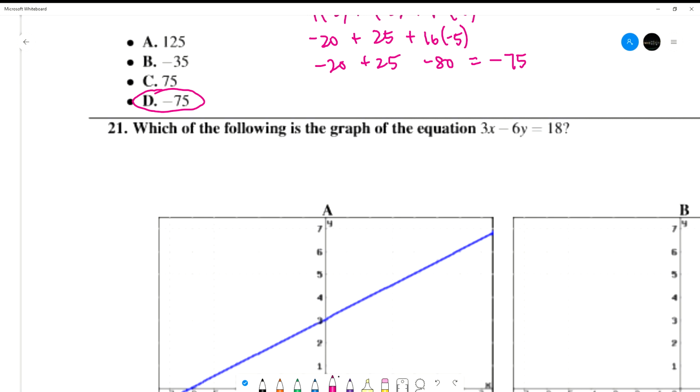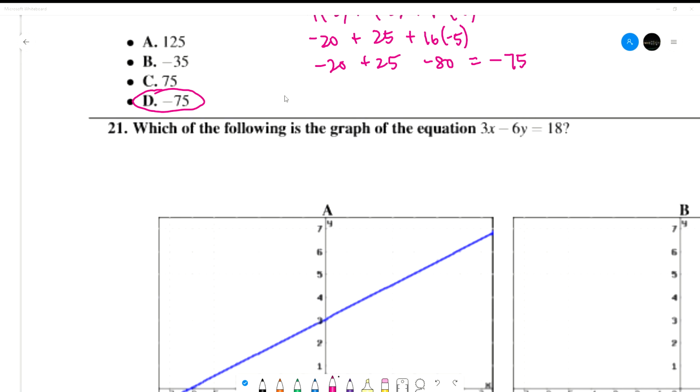Okay, number 21. We've done so many of these. I hope it's still somewhere in your brains, right? Okay, so we have to graph this two variable linear equation. Remember, most of these problems that they give you on the final, you can do by finding the x and y intercepts.